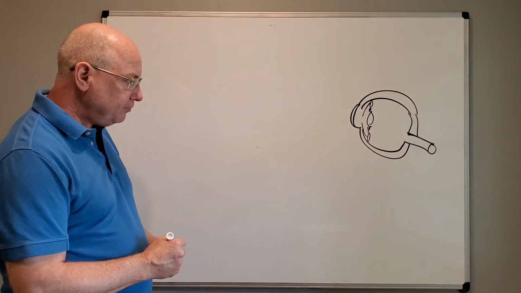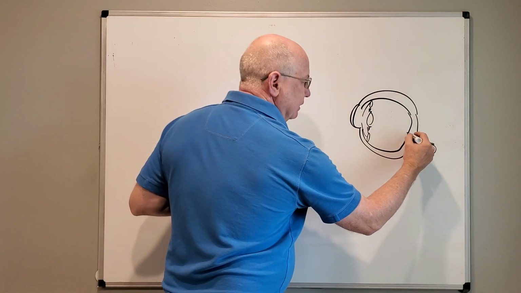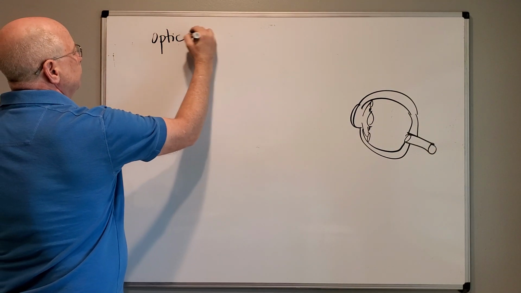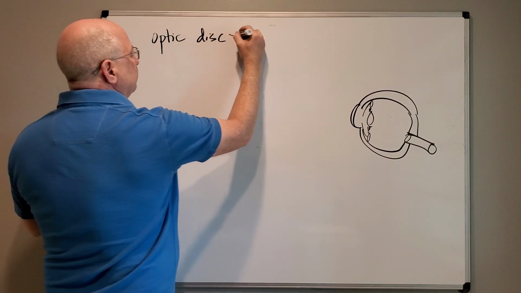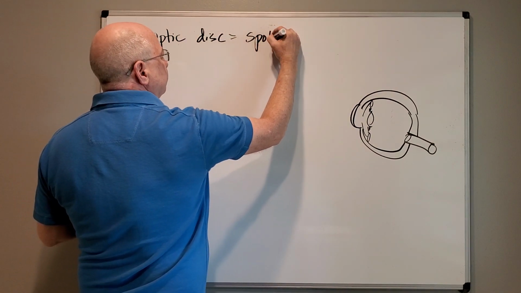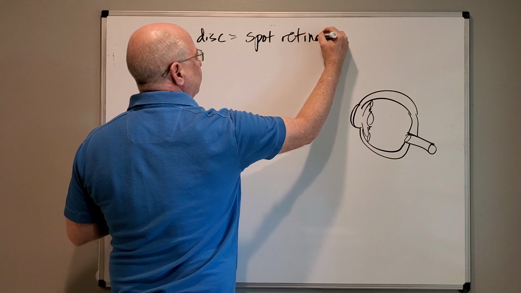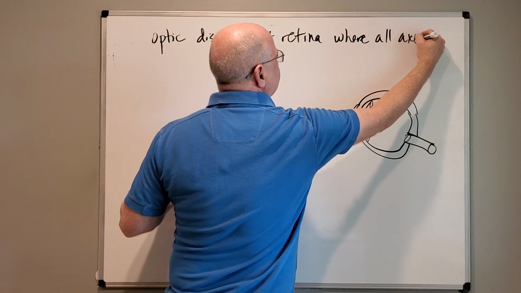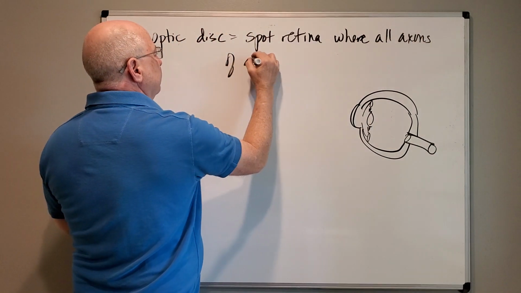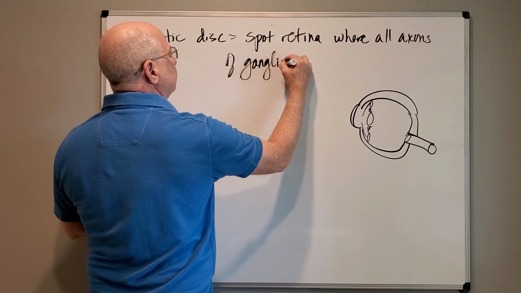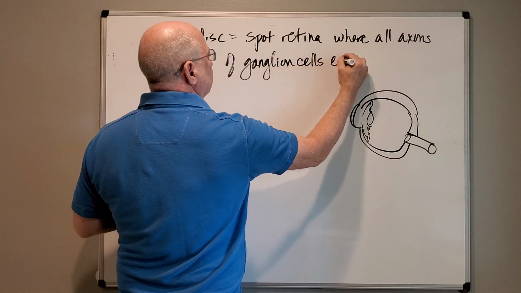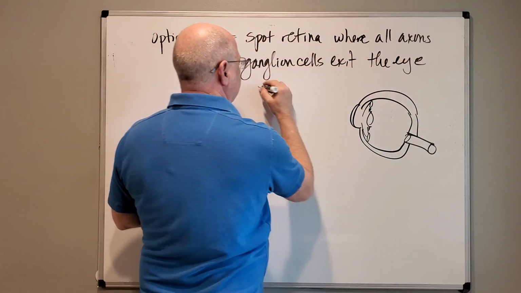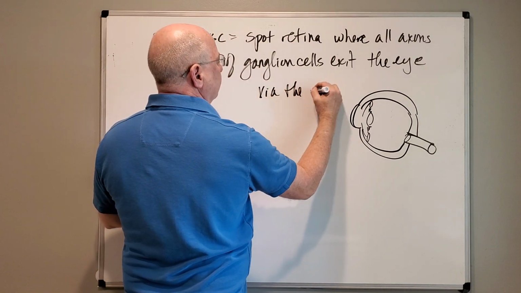Now, we know that the optic disc is a spot on the retina. I'm going to define the optic disc first because it's easier. The optic disc is a disc-shaped spot on the retina where all axons of ganglion cells exit the eye via the optic nerve.